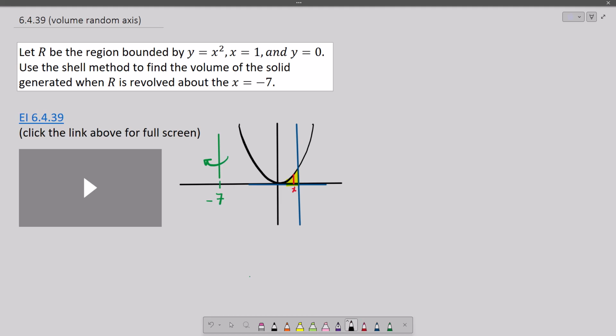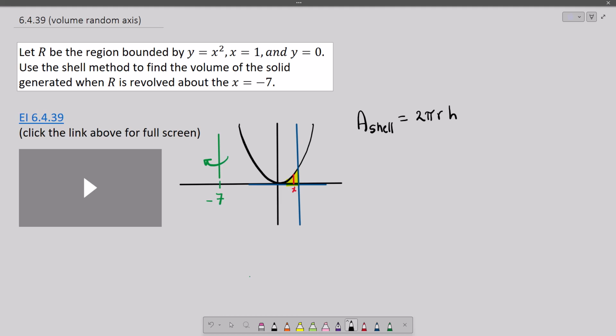We are creating a cylindrical shell, and the area of a shell is 2 pi rh. Are we integrating with respect to x or with respect to y? X, right? Vertical rectangle, thickness of that vertical rectangle is dx. So integrating with respect to x, so the r and the h have to turn into x's.